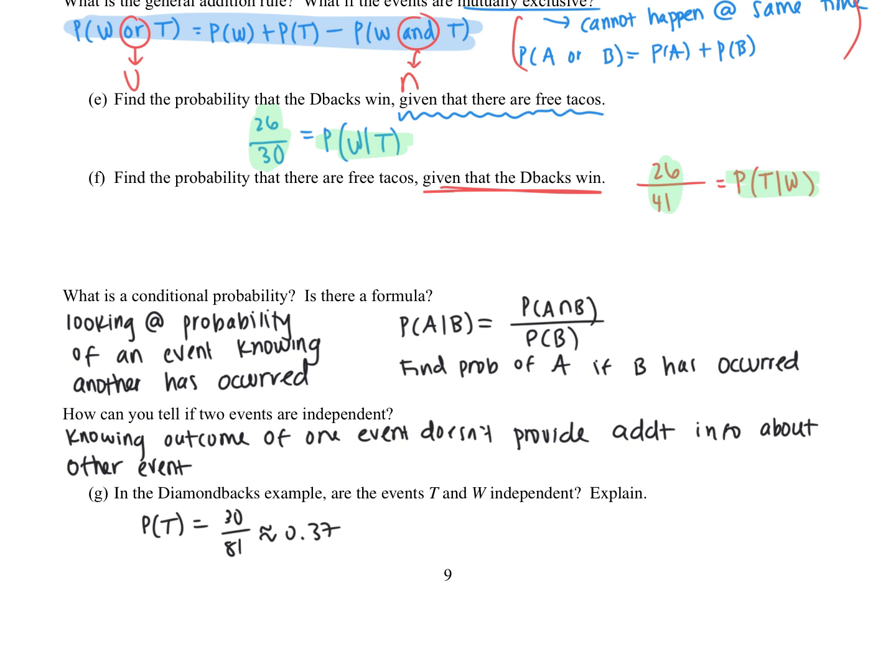Now, I want to know if I know that the team won the game, does that give me more information about the free tacos? That's the 26 out of 41 that we already found. That is about 0.63.